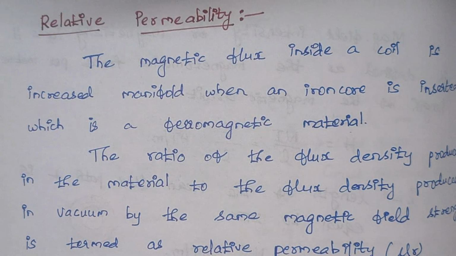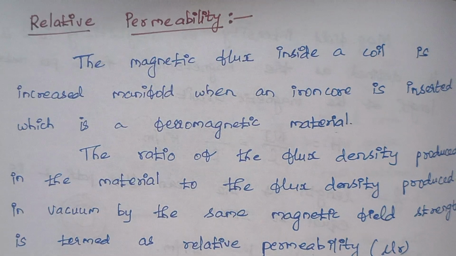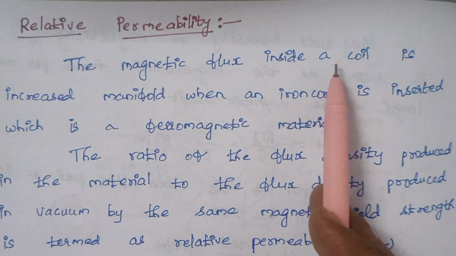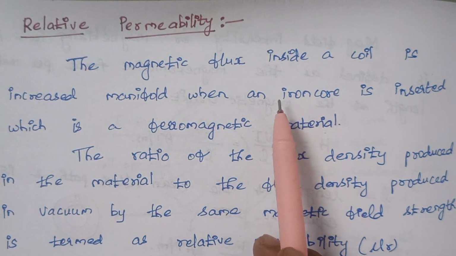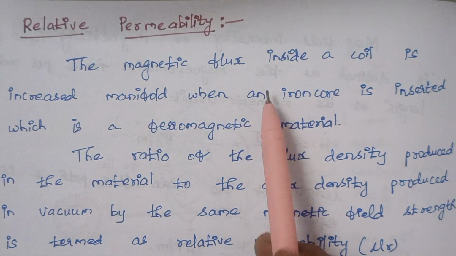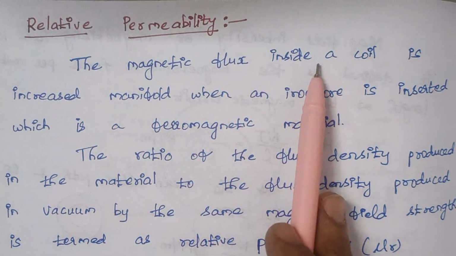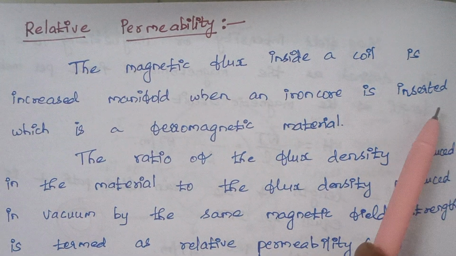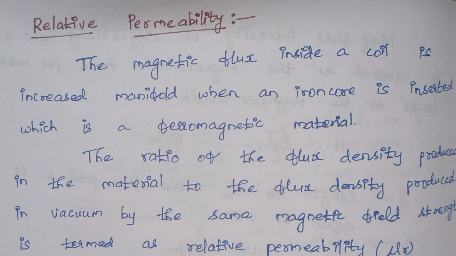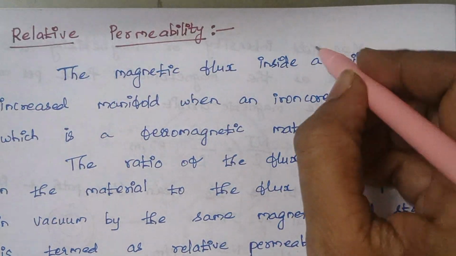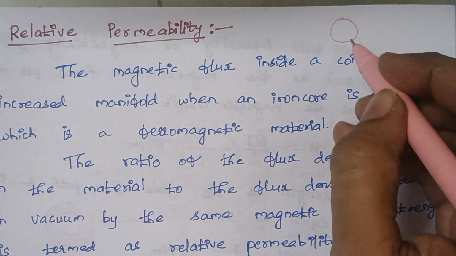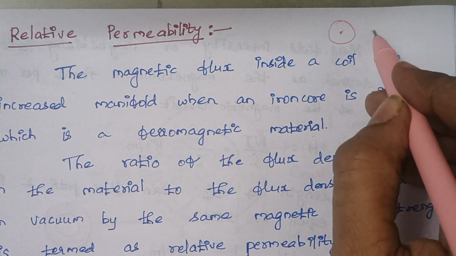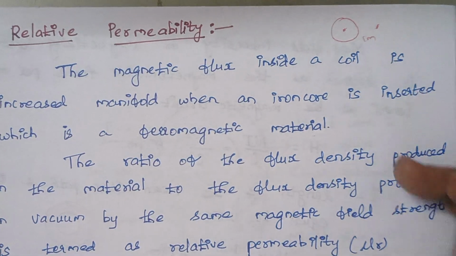Now we are going to discuss relative permeability. What is meant by relative permeability here is, you see, the same setup. The magnetic flux inside a coil is increased when an iron core is inserted. So now we have a single turn of a conductor, and we are passing a current of 1 amp through the center, and the return path of the conductor occurs at a distance of 1 meter.